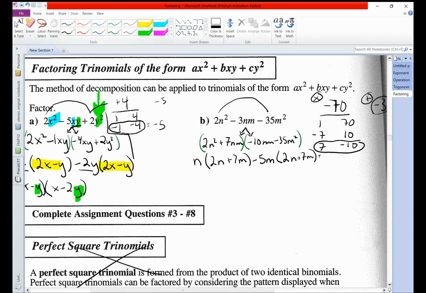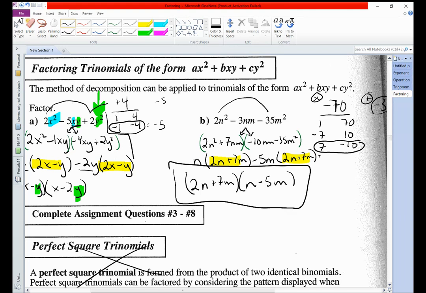And it worked out because my binomials match, which is great. So I can factor that out of both of those. 2n plus 7m multiplied by n minus 5m. And that's our answer.